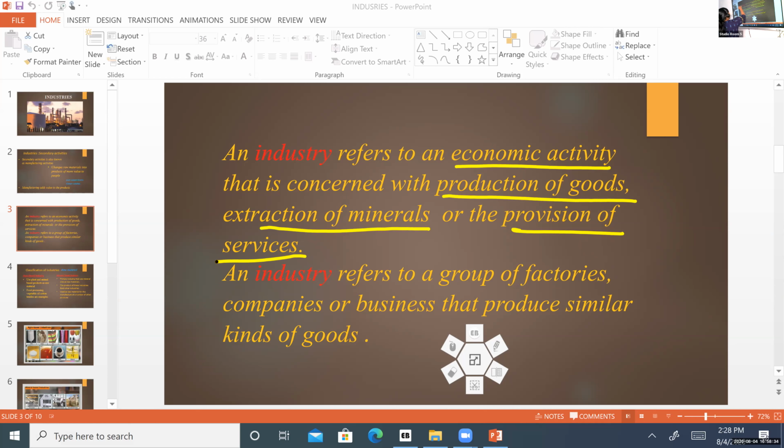That's why industry is called an economic activity. For production of goods, the example is cotton textile industry, iron and steel industry. For extraction of minerals, coal, petroleum, iron ore. For provision of services, tourism.